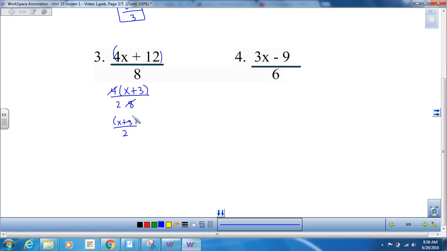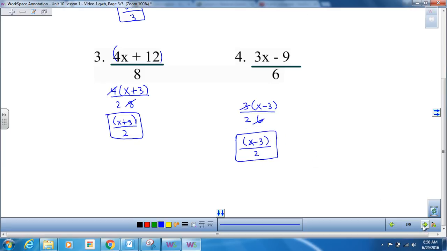And it's fine if you put those parentheses there. Okay? Next problem. It looks like I can factor out a 3 from the top. And since this 3 is outside, I can cancel with the 6. So x minus 3 over 2.